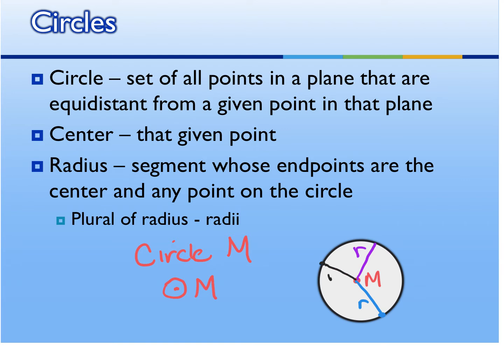And again, they're all going to be the same length. So for example, if I told you this purple radius had a length of 3, then the blue one would also equal 3. And so would the black one here. So it doesn't matter where you draw your radii, it's going to be the same distance or equidistant from that center to any point on the side of the circle. And generally, a radius will be indicated with a lowercase letter r.